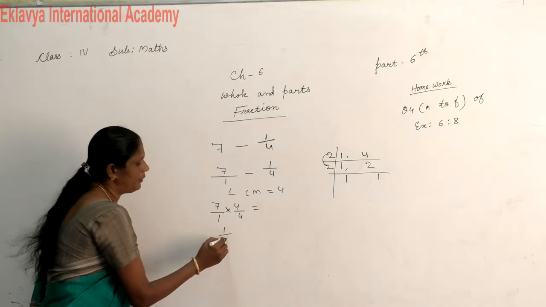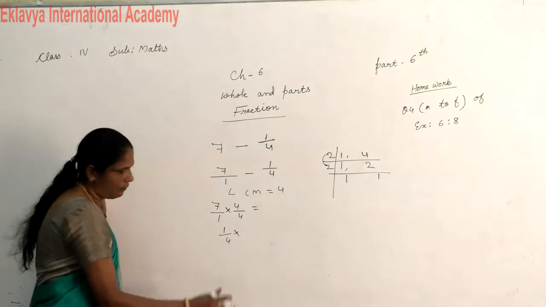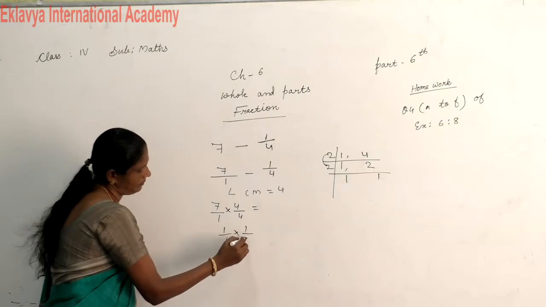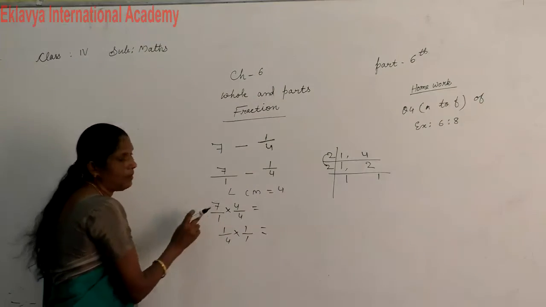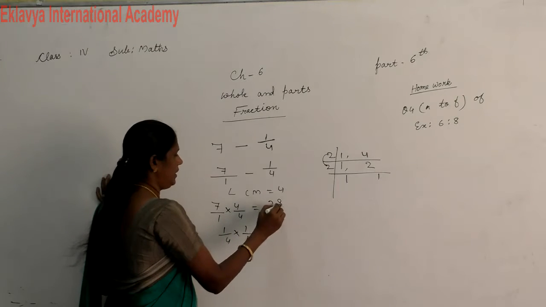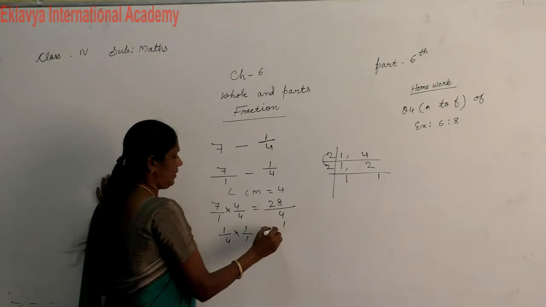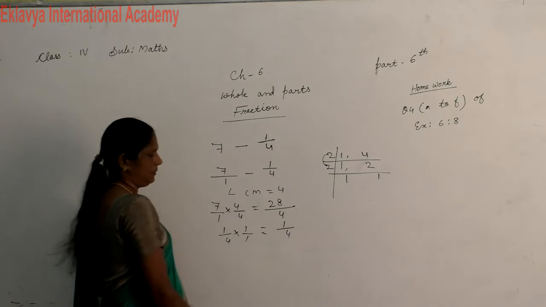Then 1 by 4 multiply. 4 divided by 4, 1. Then you multiply. 7 4s are 28. Then 4. 1 1 is 1, then 4.